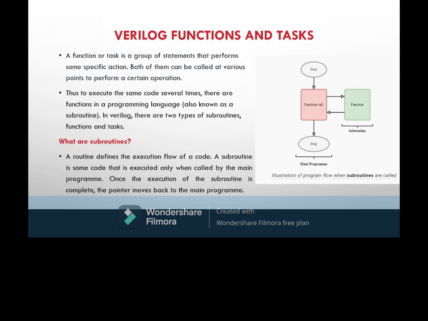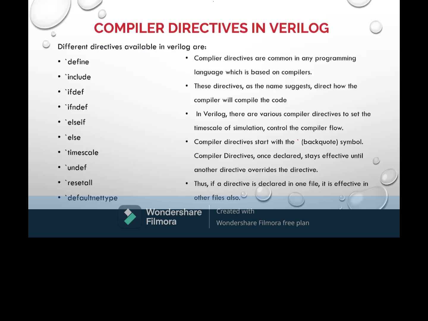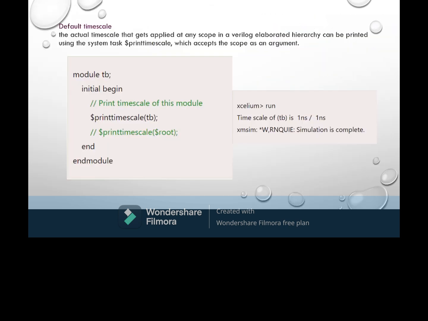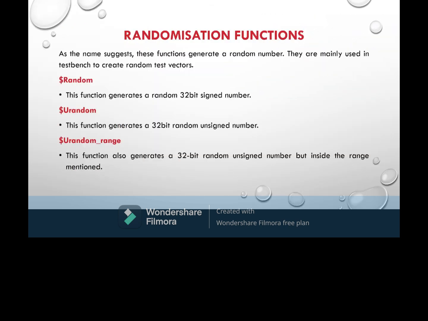So this is all that we have discussed until now, and there are four more really important topics in Verilog. One is functions and tasks, the second is compiler directives, and time functions, right? Then randomization functions.